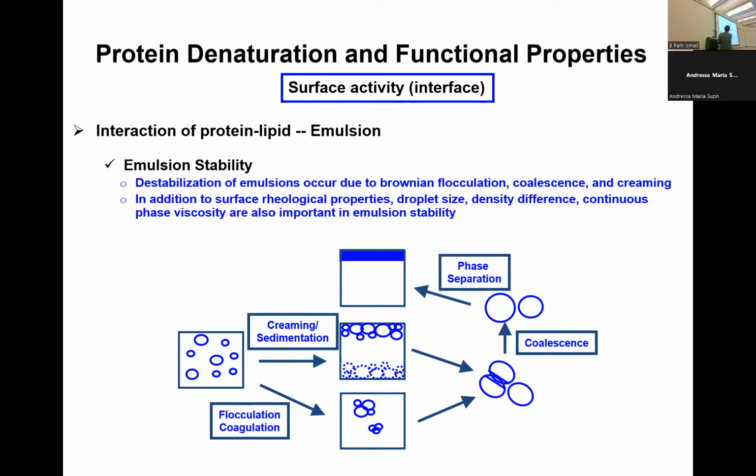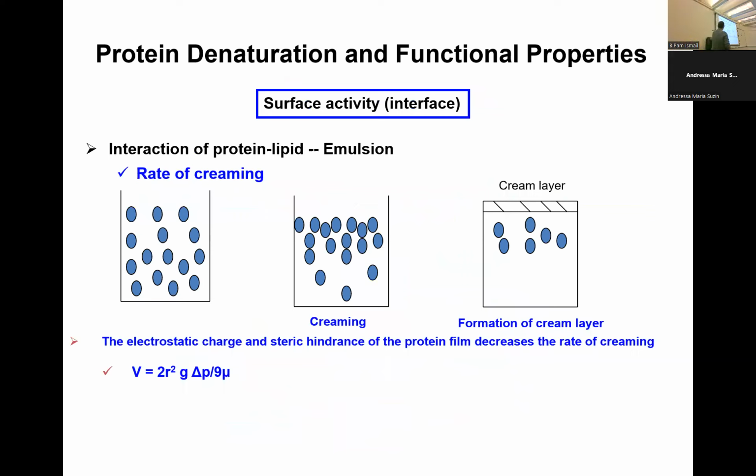So there are different characteristics that affect the stability of the emulsion. We talked about droplet size, density difference of the two phases, the viscosity of the continuous phase. They're all important, and there is an equation that relates all of them together.